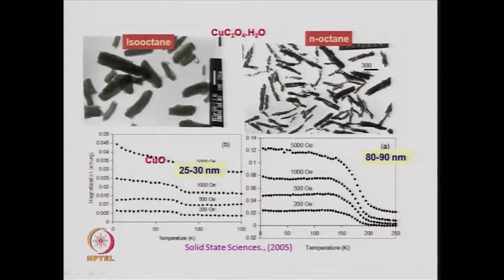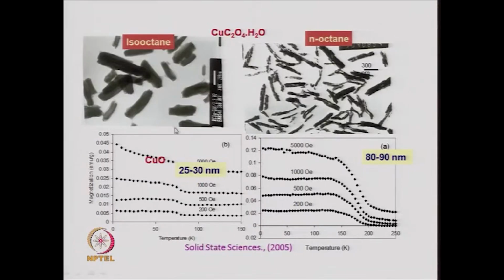This is a transmission electron micrograph showing you the rod like structures using isooctane to make the microemulsion initially, and in this case you have used normal octane to make the microemulsion, and you see the rods are of different shape and size compared to the rods obtained here. Both are copper oxalate, both will have the same X-ray diffraction pattern, but both have different morphology because of change in solvent.